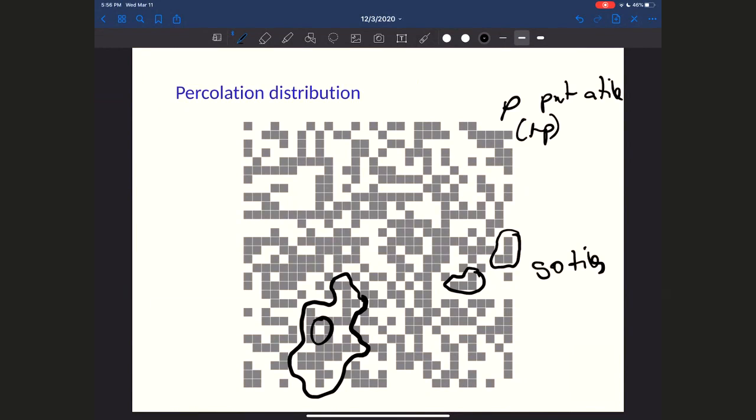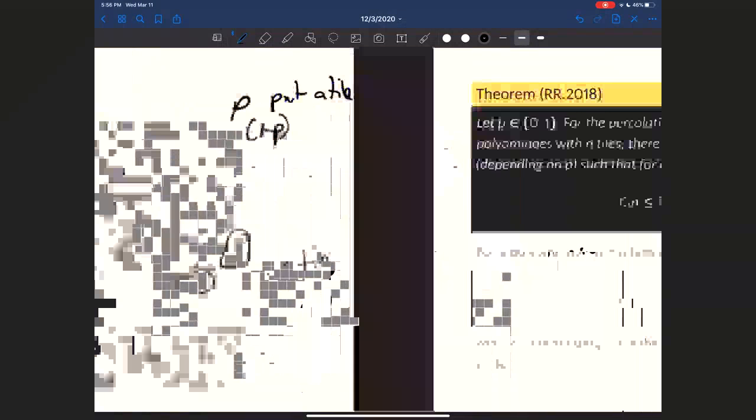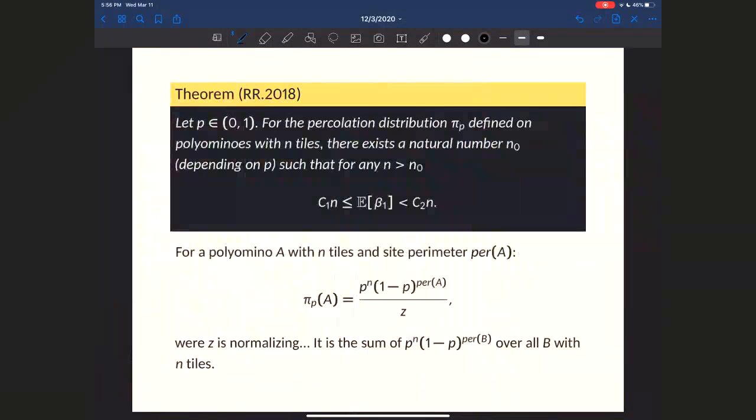This isn't realistic. What we do instead is take a polyomino A that has n tiles, where n is the number of tiles, and define its probability of being sampled from the set of all polyominoes with n tiles as p^n (1-p)^perimeter of A, where the perimeter of A appears because we want it to be isolated from the rest of the structure, and then we normalize to have a distribution.